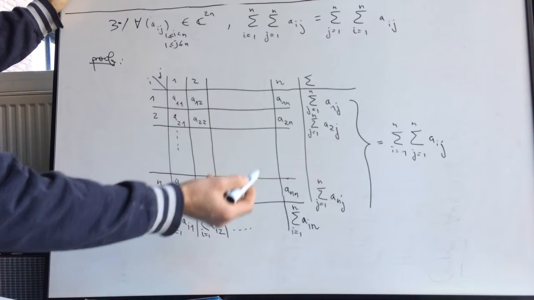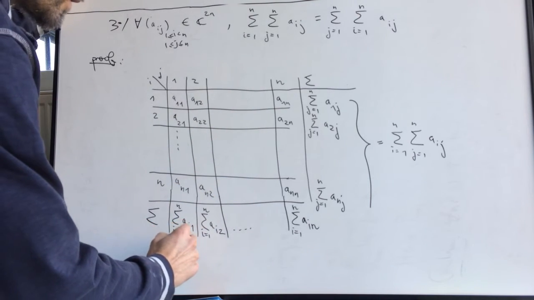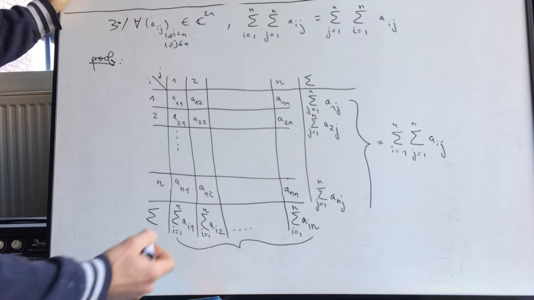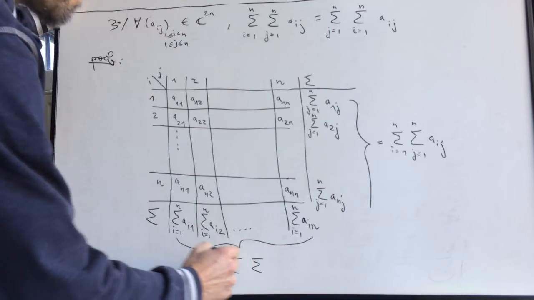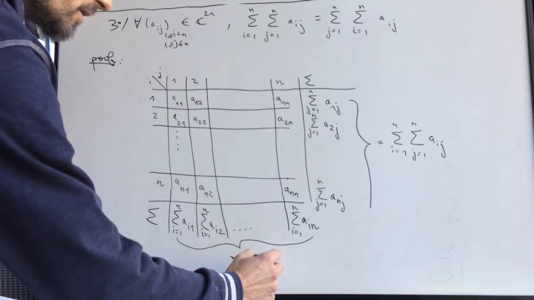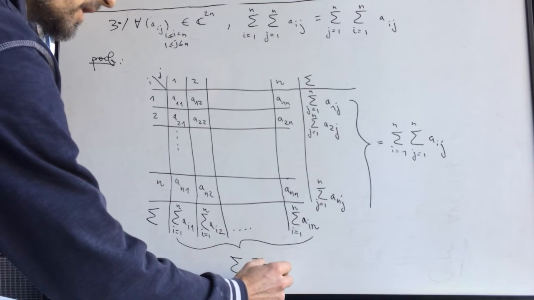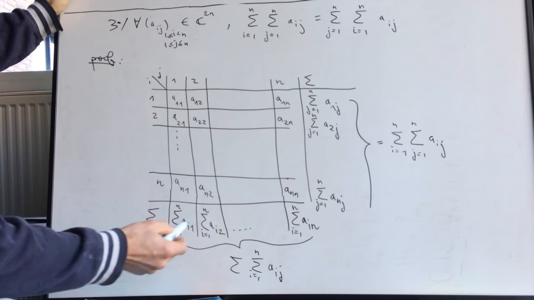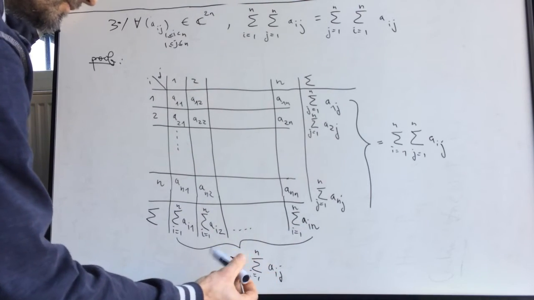And then, to sum all the terms of the array, we have got to sum those n summations, and when we sum the summations, we get a sub ij, i going from 1 to n, and j going from 1 to n.